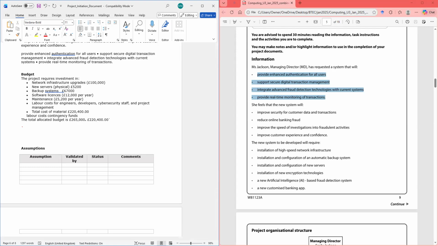So that would be 265 minus 220,400. So we're going to have labor costs of 44,600 pounds.